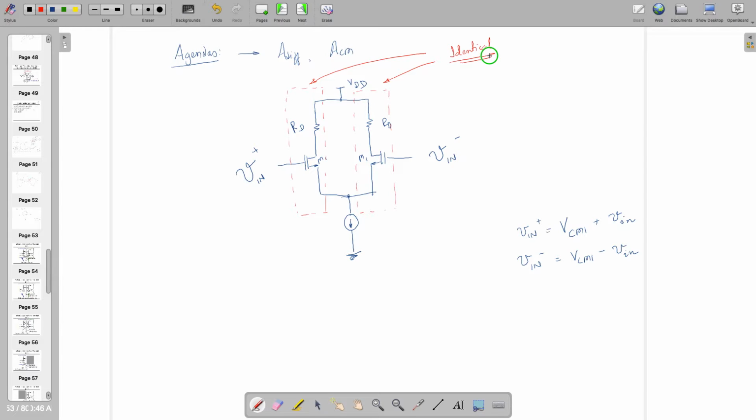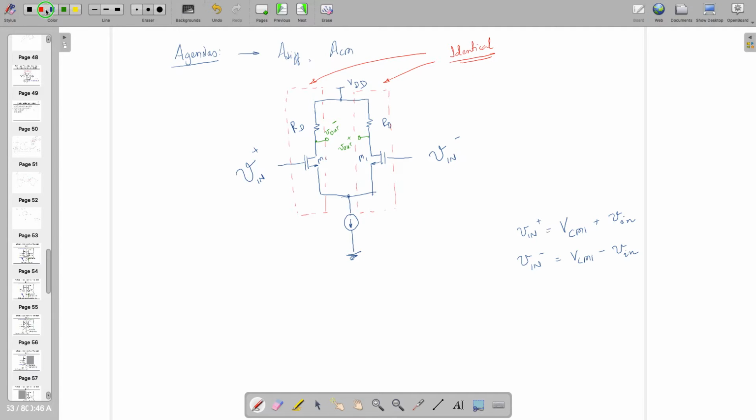If they are not, then you will see some difference, and we are taking the output from the middle. So this is V out minus and this is V out plus. I'm making a different notation because this is a common source amplifier.